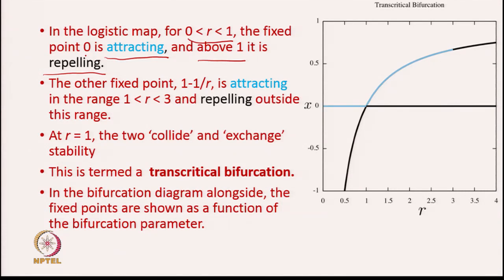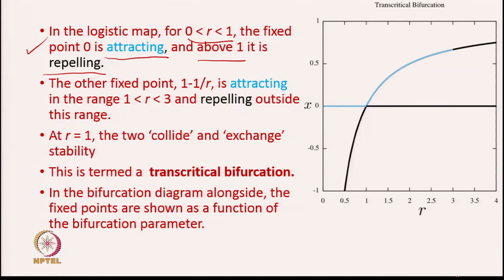So, if you draw the locus of the first fixed point, you just get this horizontal line that we have over here, that is the x axis. And the second fixed point, 1 minus 1 by r, has this second curve over here. I have drawn in blue the portion of this fixed point, the region where this is stable.